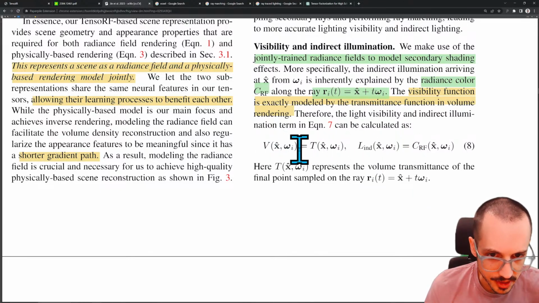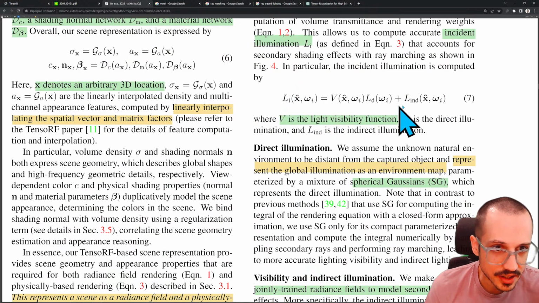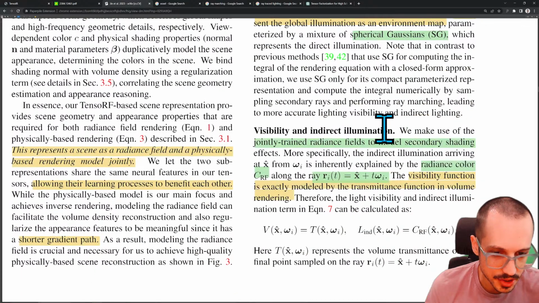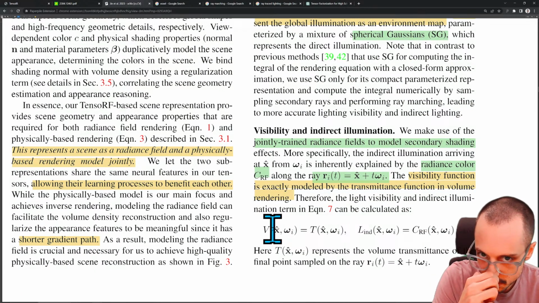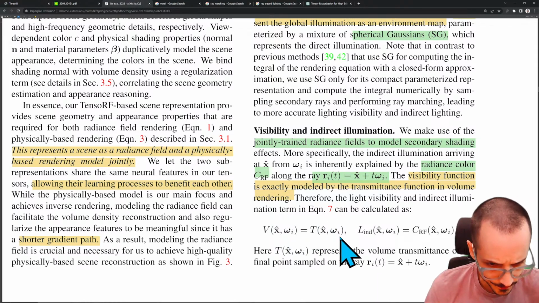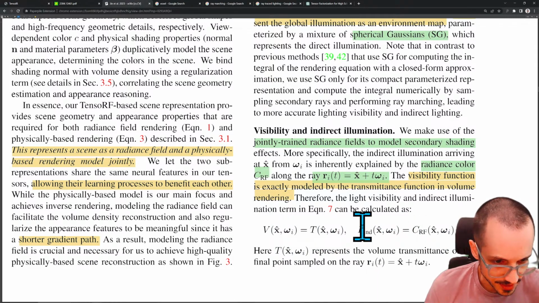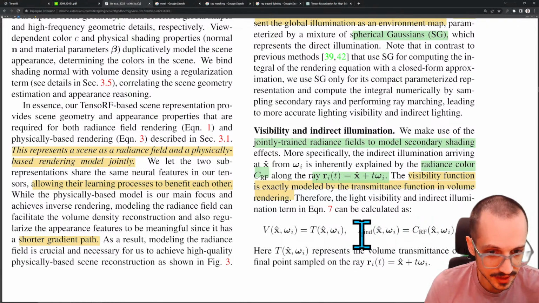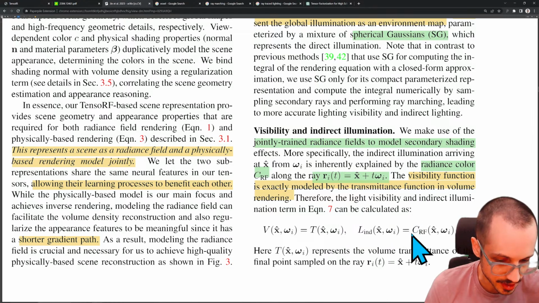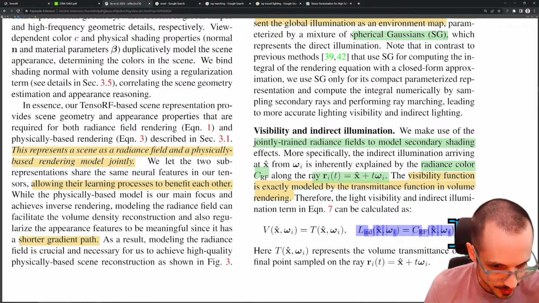So here you go. The visibility function, which they use here to determine the incident illumination, is a function of the surface point and the indirect lighting. And that itself means that because V is a function of that, and T is a function of the color of the radiance field, you can say that the indirect lighting is a function of the color of the radiance field. So this right here.